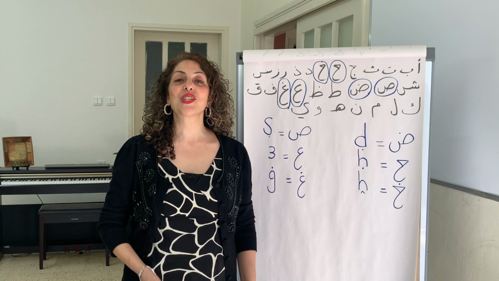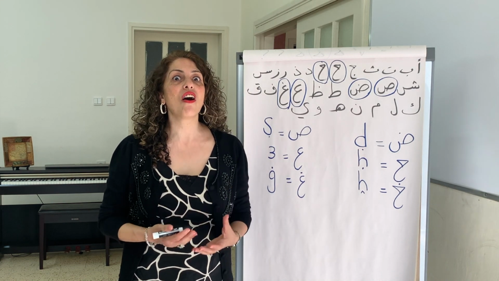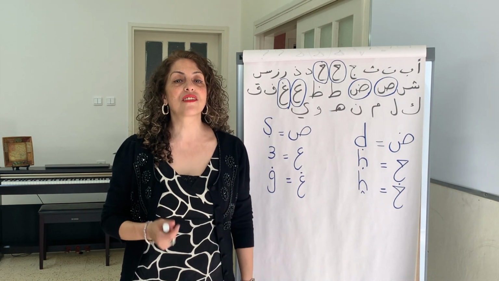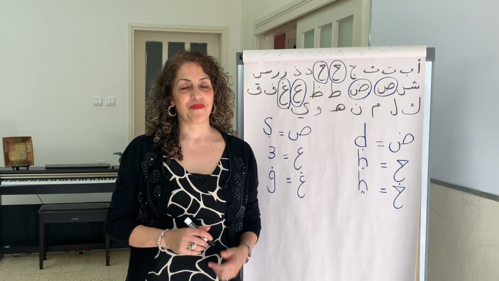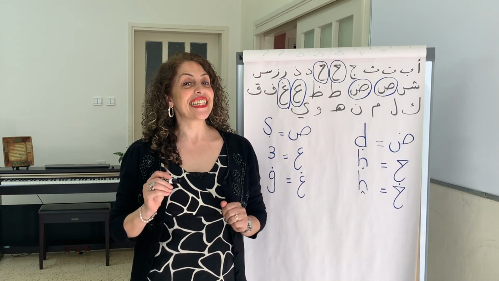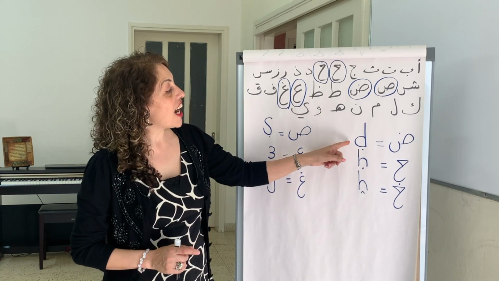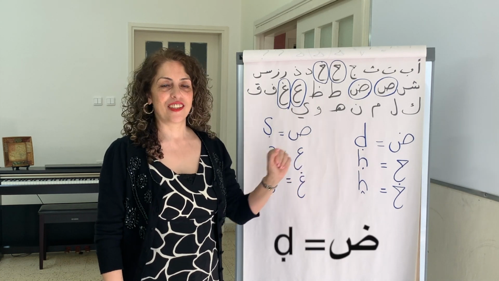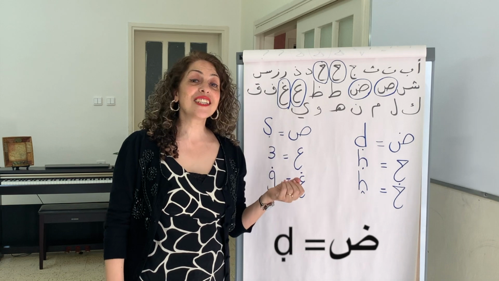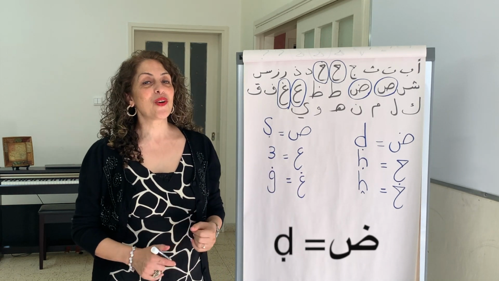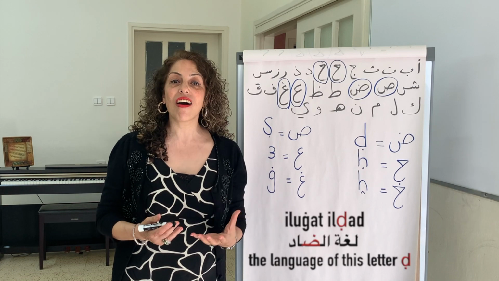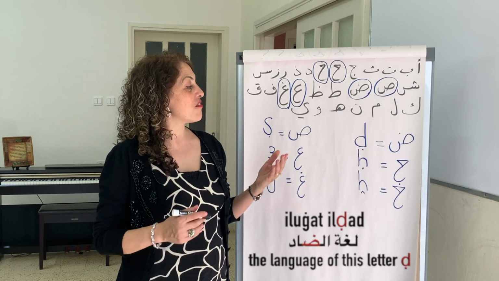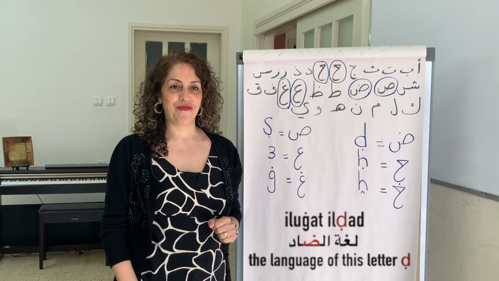I will start with the letter ضاد. D. It's a harder D, and I will write it as a D with a dot underneath. I started with this letter because the Arabic language is called لغة الضاد, the language of this letter ضاد.